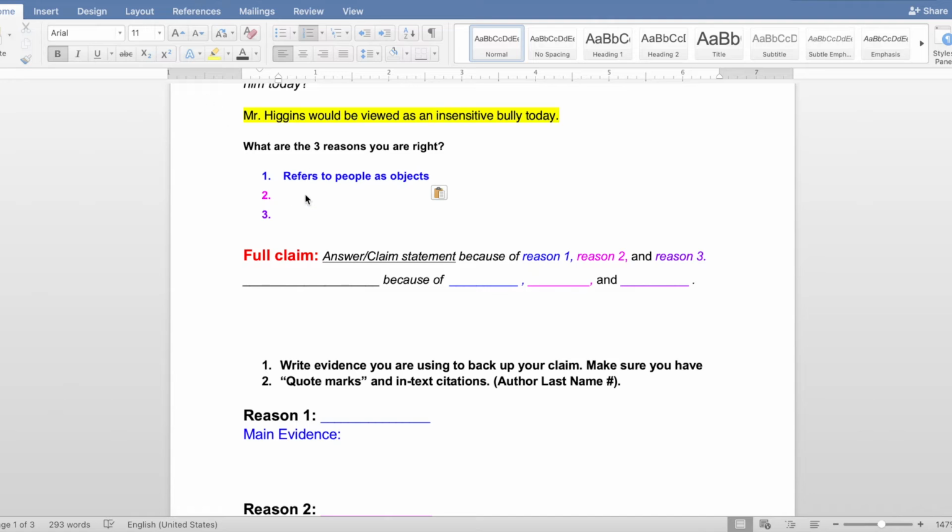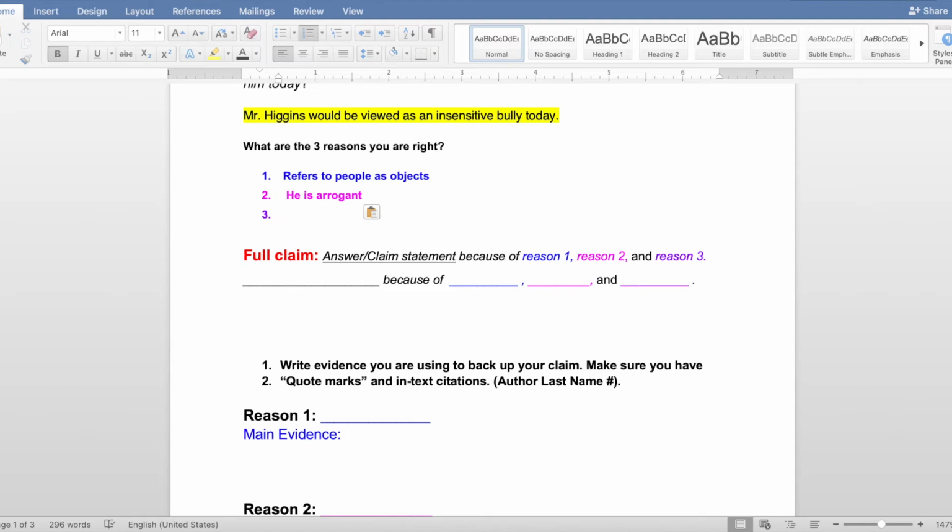Another reason, my second reason, is that he's arrogant. He's full of himself. He thinks he's all that and better than anyone else. So that's my reason. He's arrogant. I decided to put that in there too. The third reason he's a bully is because sometimes bullies beat others up, and he's also willing to hurt others just to get what he wants.